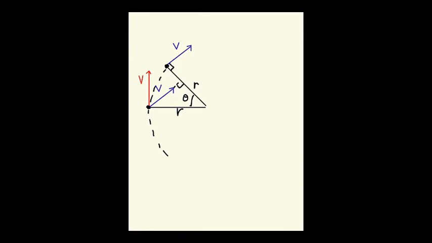Because of that, I can use the relationship between two triangles and show that this angle in here is the same as theta. Let me draw this for us. From the initial red velocity and the final purple velocity, I can look at the change in velocity along here. This represents the change in velocity, and there's a relationship between the angle theta, the change in velocity, and the initial velocity as well.